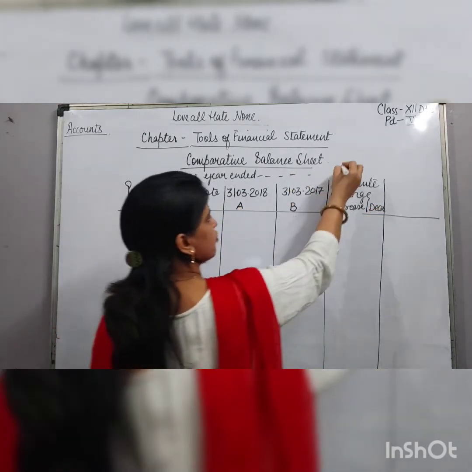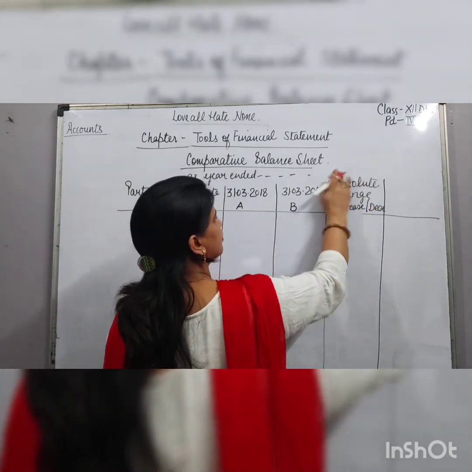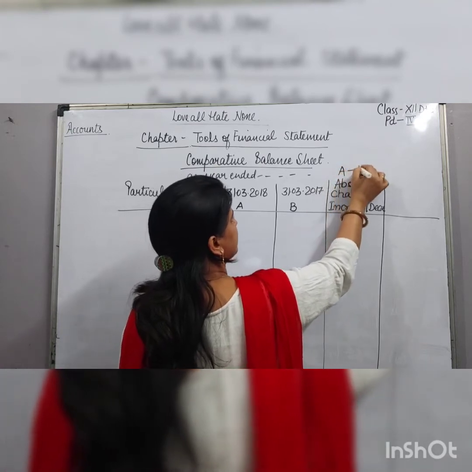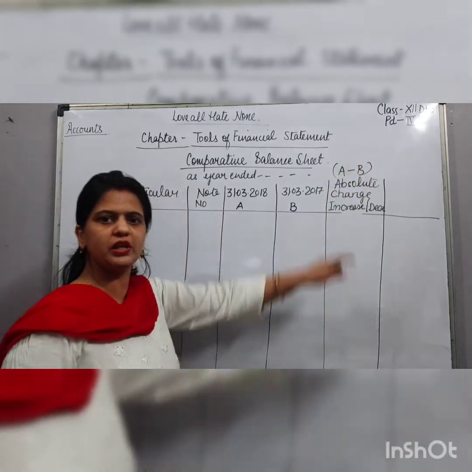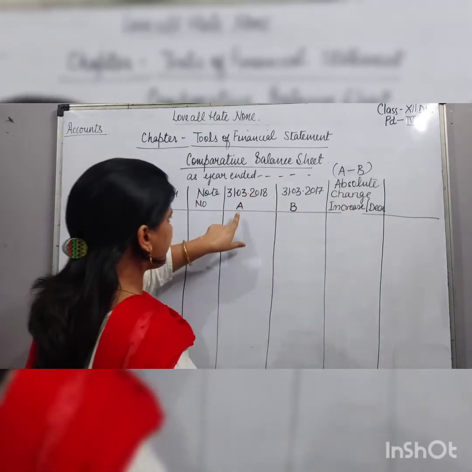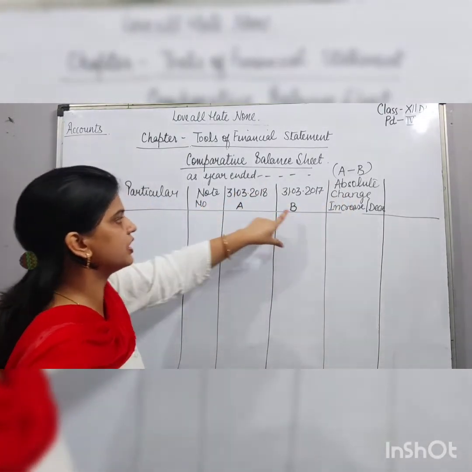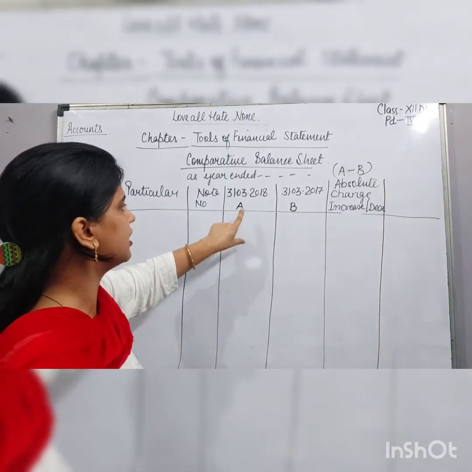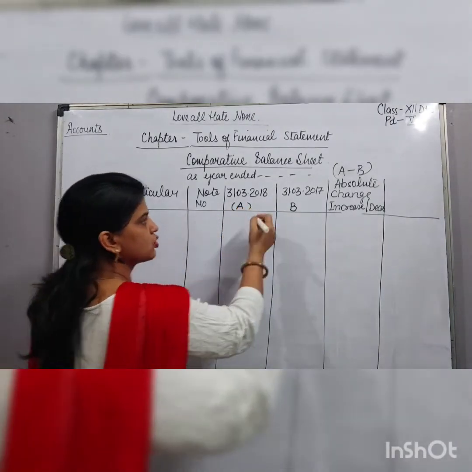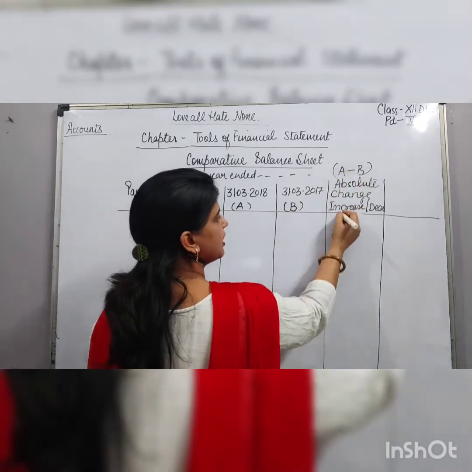We take out this absolute change by deducting the amount of 2017 from the amount of 2018, so A minus B will be written here.